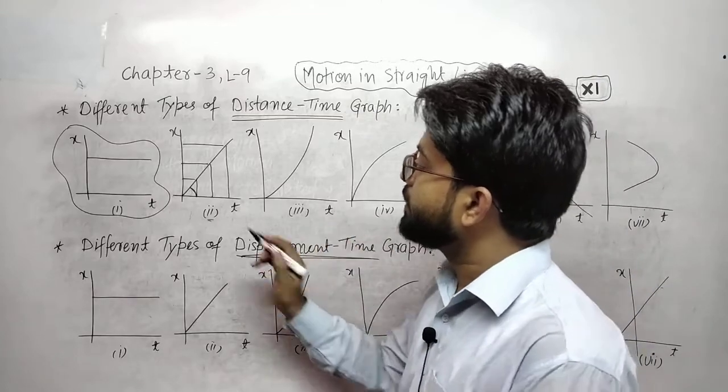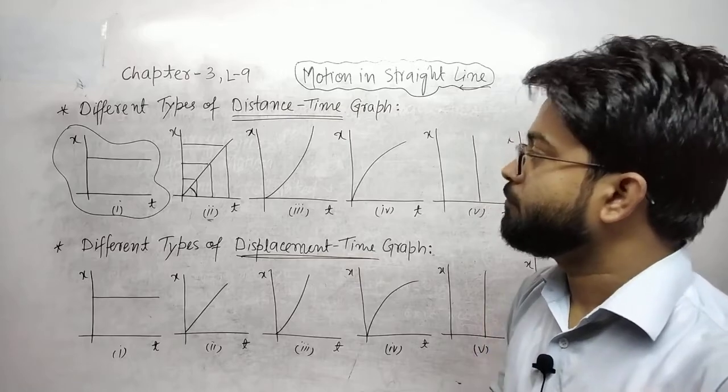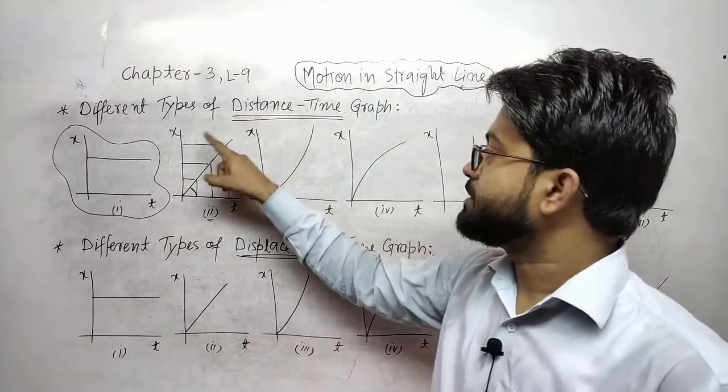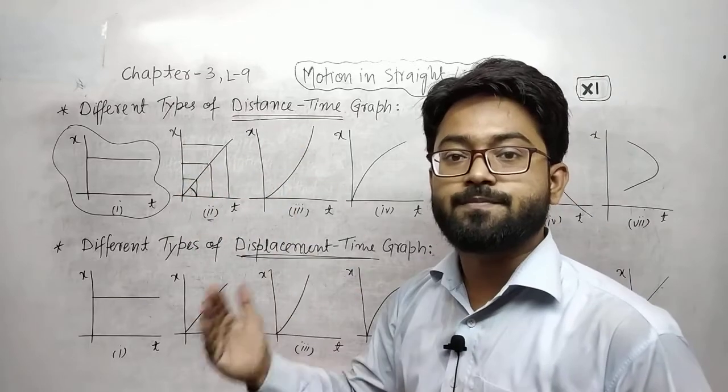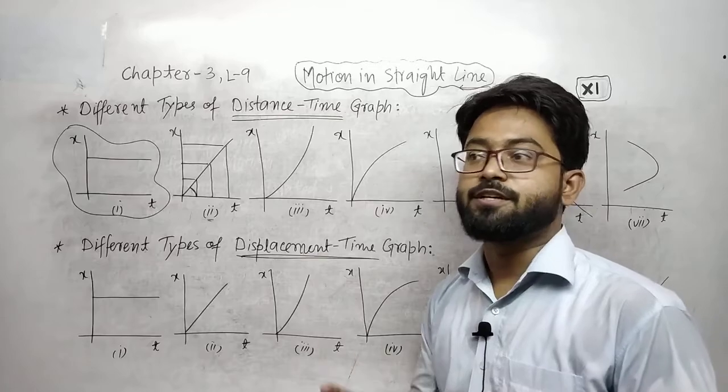Equal distance covered in equal time intervals means uniform speed, that is, constant speed. The object is moving without changing its speed.